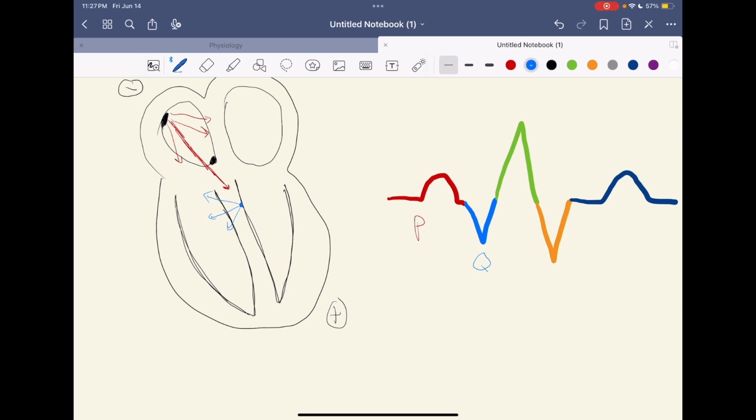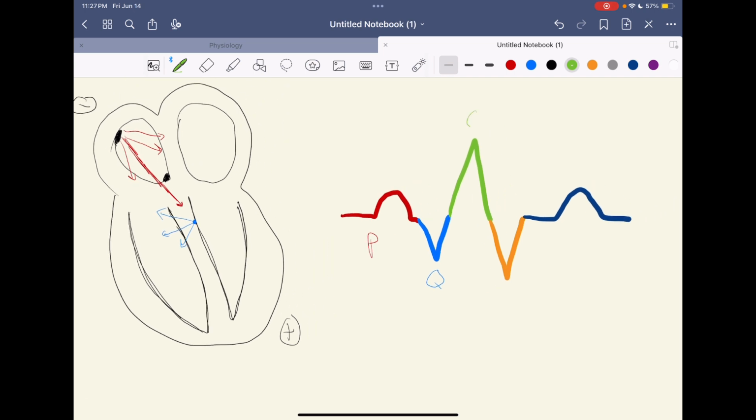Anything going towards the same sign is going downward. But as it starts to depolarize that left superior septum, it will start this R wave. This R wave will start to hit all of the endocardium of the ventricle, all the way around here, on both sides. And so it has a net effect going this way from all locations, going to the depolarization.